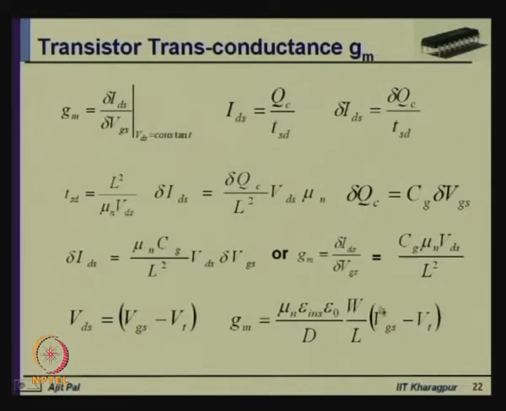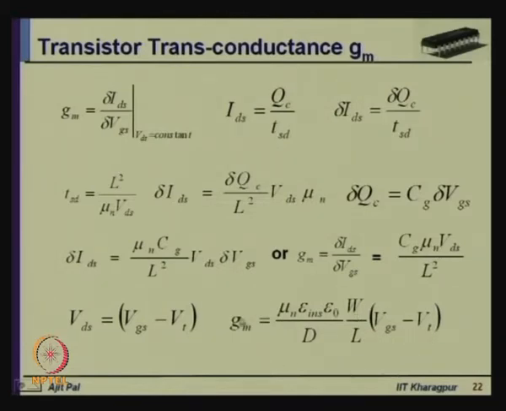So, you can see the gain which is represented by transistor transconductance. The more the gain, the better. We can see it is dependent on the mobility of the device, width of the device, thickness of the silicon dioxide, length of the channel, and the effective gate voltage, which is equal to VGS minus VT.